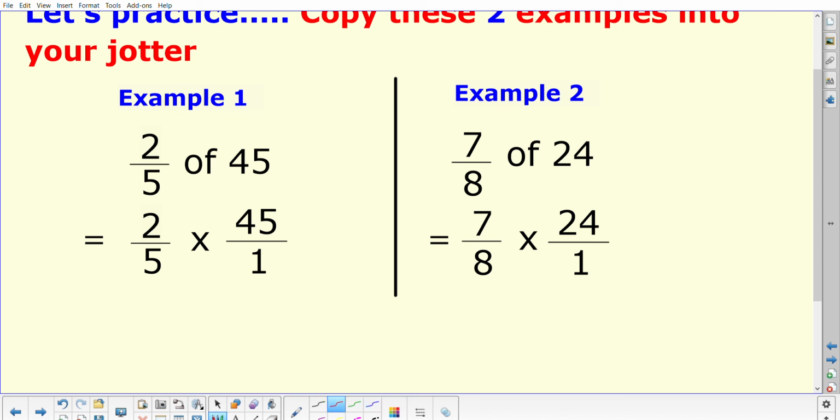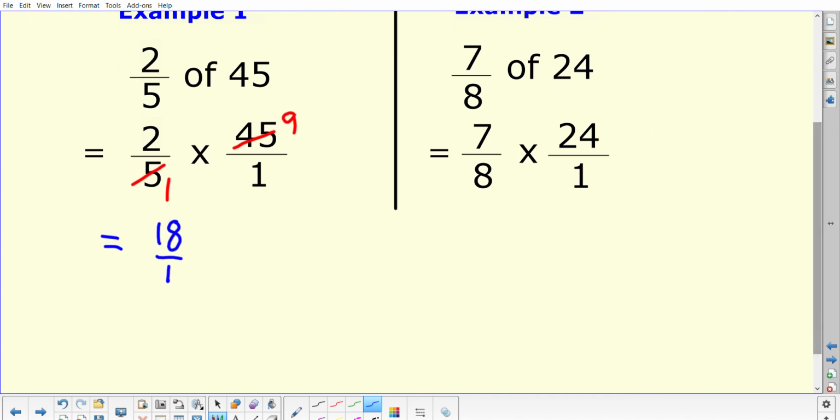So we can cancel between the 5 and the 45. 5 into 5 is 1, 5 into 45 is 9. No other cancelling to do there, so we're then doing 2 times 9 is 18 over 1 times 1 is 1, and 18 over 1 is just the answer of 18.